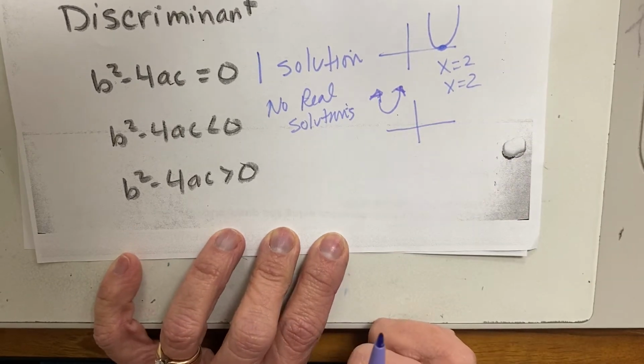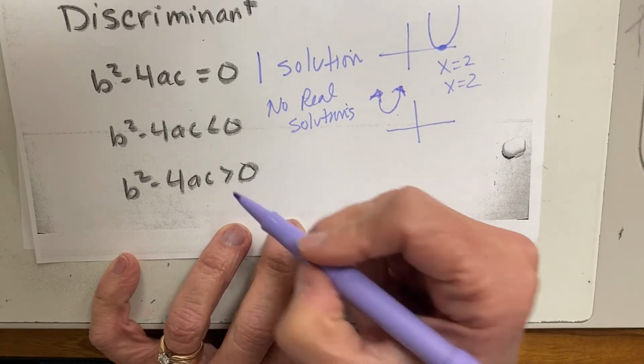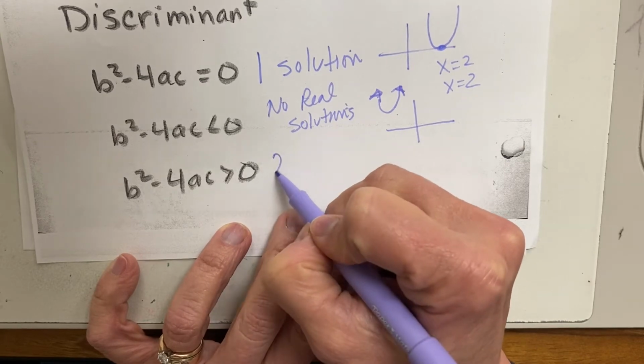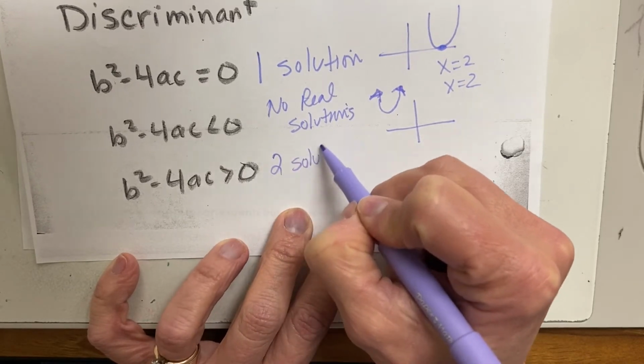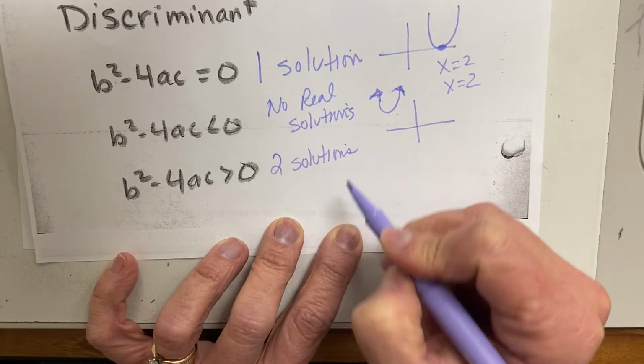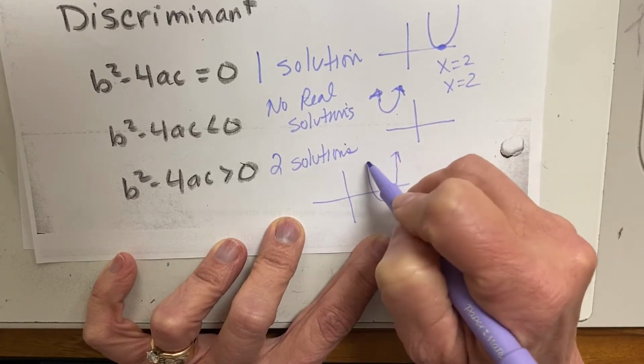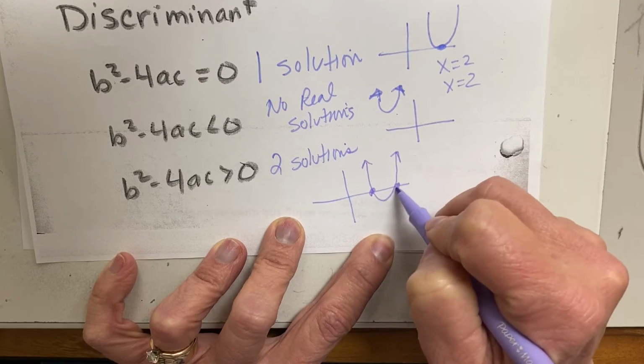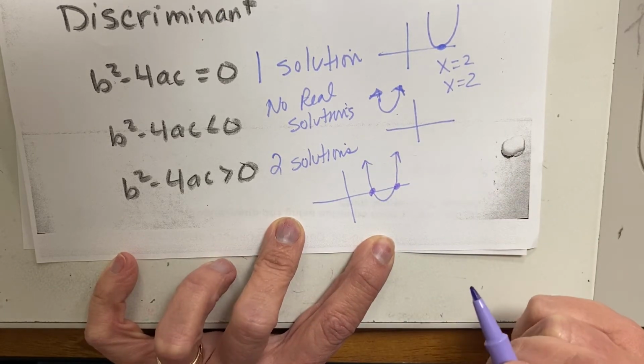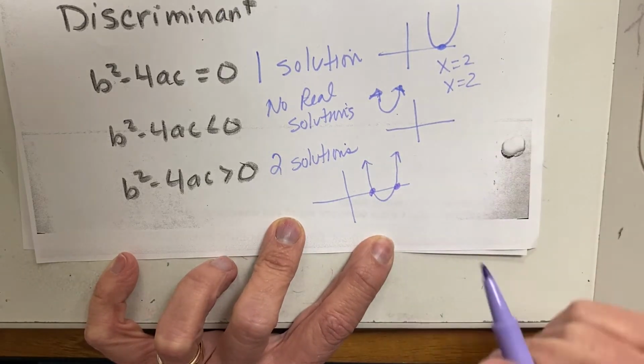If b squared minus 4ac is greater than 0, that means we have two solutions, and a possibility for your graph might look something like this. I have one solution and two solutions. These are just a few of what your graphs could look like.